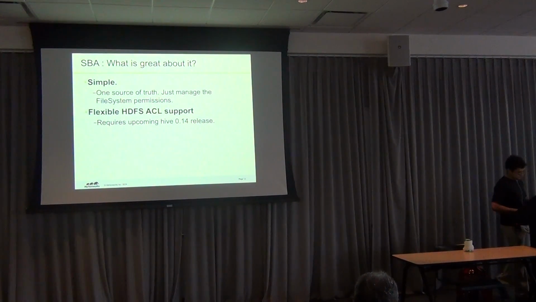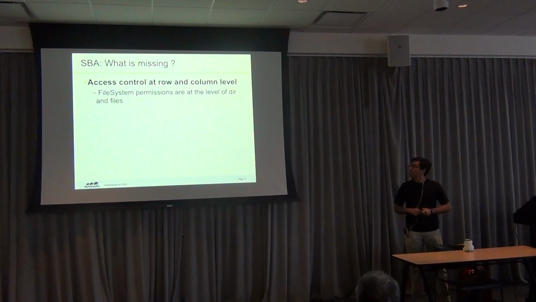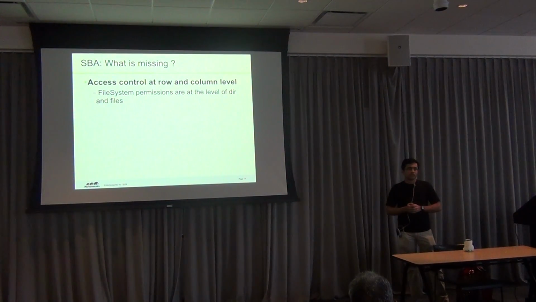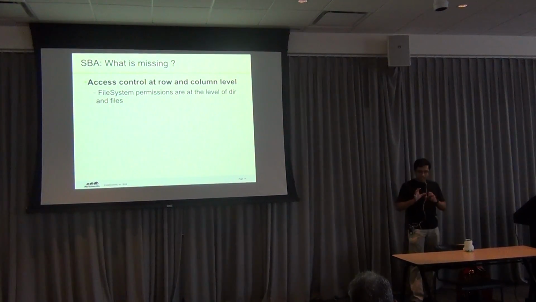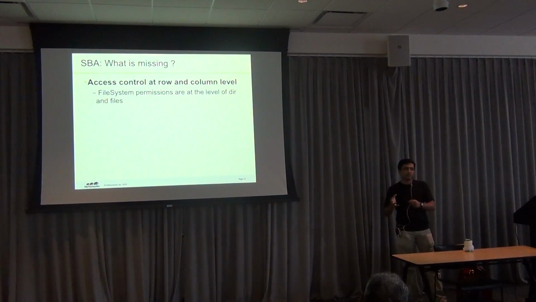But what's missing in storage-based authorization? In storage-based authorization, the authorization is checked based on the permissions that you have on the file system. And in the file system, the lowest granularity that you have for permissions is a directory and file.